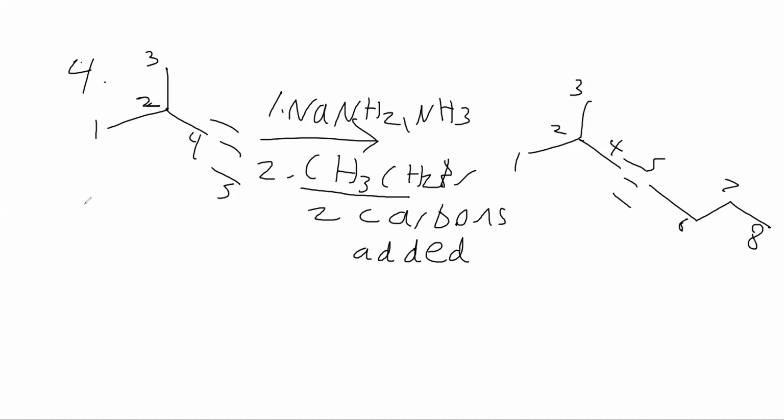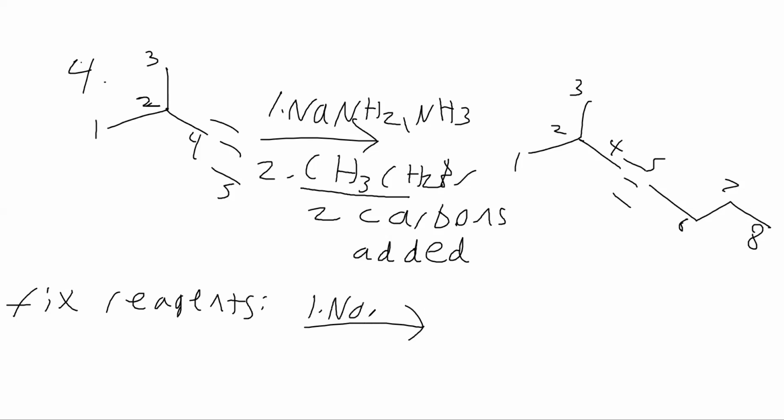So there's 2 ways you could theoretically fix this. You could fix it by just fixing the reagents. We started with the same substrate, but we want to get that product, so we would just rewrite the reagents.